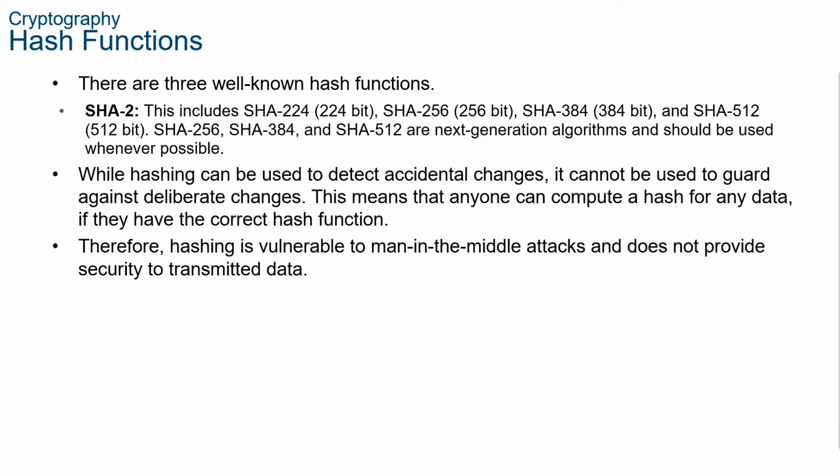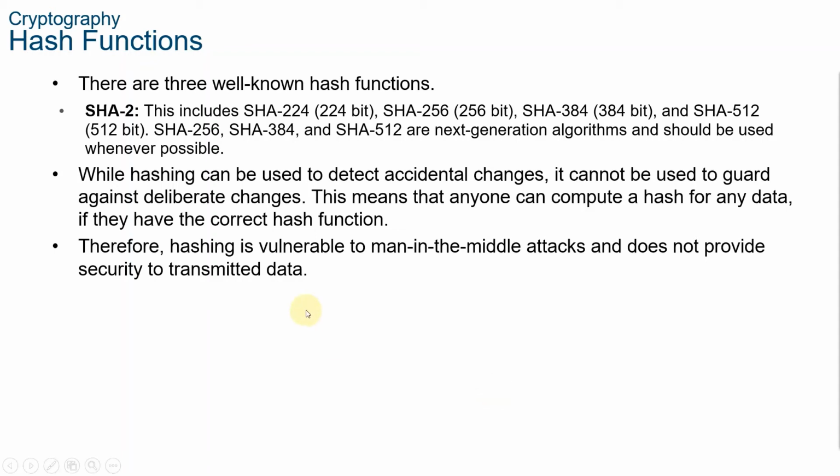Now, while hashing can be used to detect accidental changes, it cannot be used to guard against deliberate changes. There is no unique identifying information from the sender in the hashing procedures. This means that anyone can compute a hash for any data if they have the correct hash function.